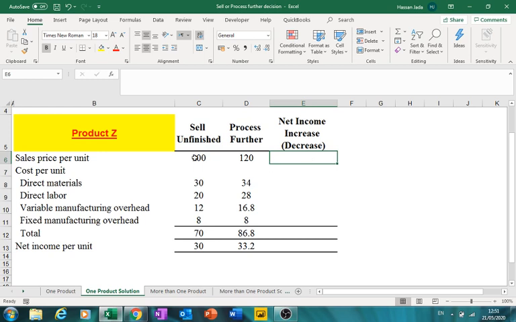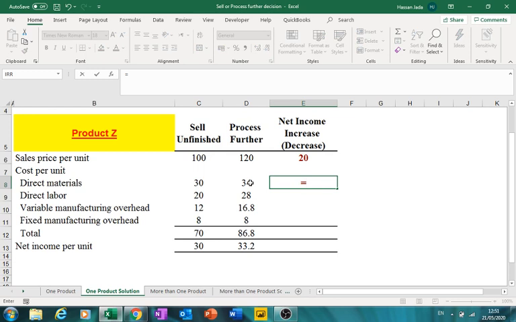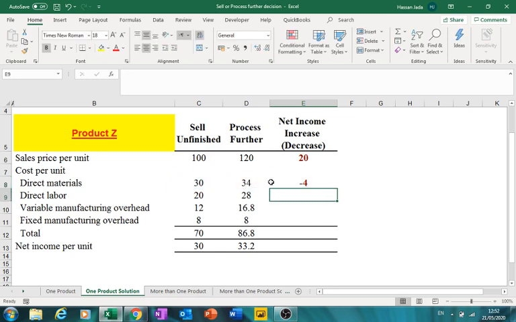When we have $120 minus $100, we have a $20 increase in selling price, and this will result in an increase in net income. And we have an increase in cost, which results in a decrease in net income.